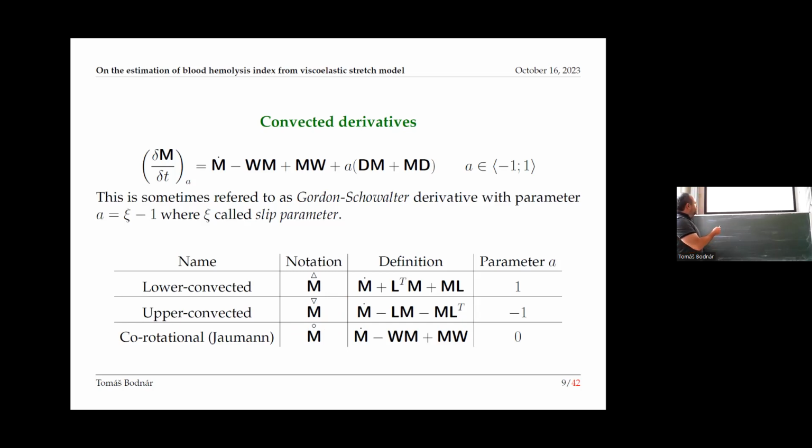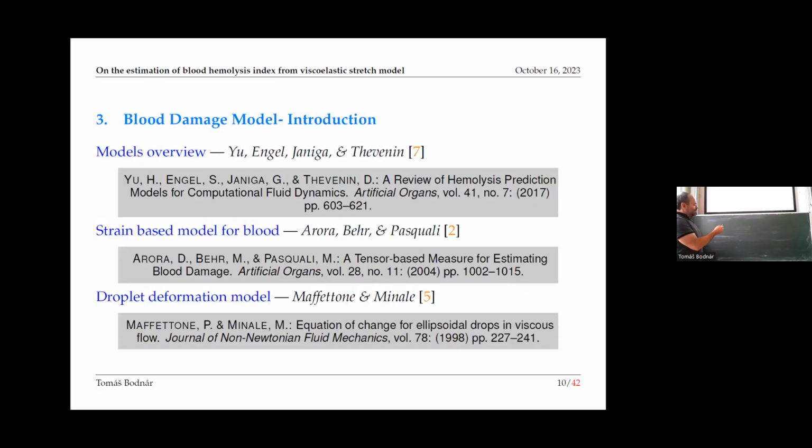I've seen some arguments for why never to use anything except the upper convective derivative, but the corotational derivative at least makes sense in some situations. But from the computational point of view, it's just a matter of setting one parameter in the model, so it's not a big deal. But the response and the behavior of the model is quite different, so it's really not something to be forgotten.